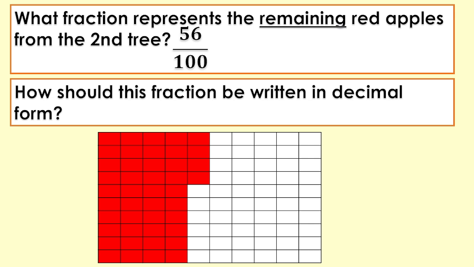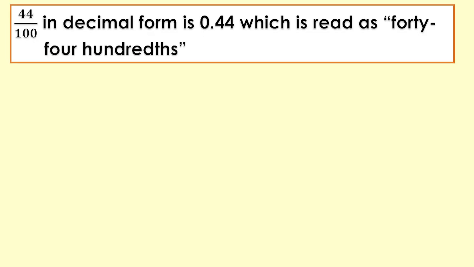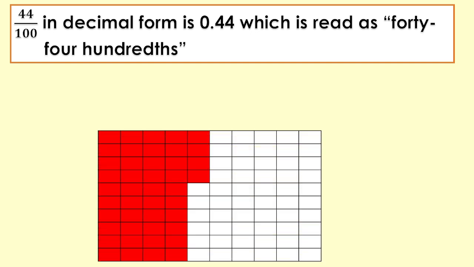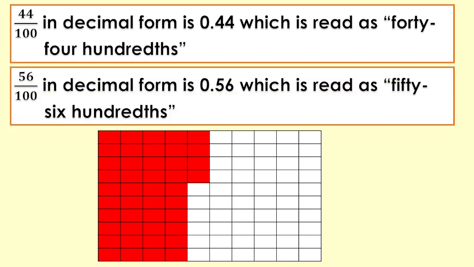How should this fraction be written in decimal form? 44 hundredths in decimal form is 0.44, which is read as 44 hundredths. 56 hundredths in decimal form is 0.56, which is read as 56 hundredths.